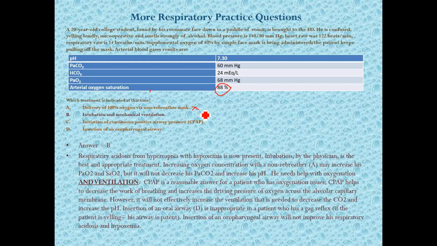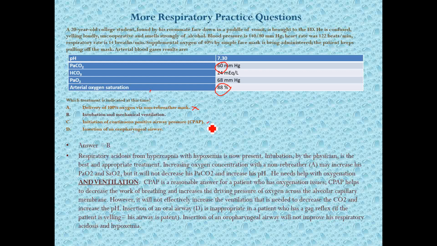The other thing is, yes, if you give O2 to this patient, and certainly you would as you're preparing to or have the physician preparing to intubate, you are not going to really do anything about the CO2, because delivering O2 all by itself is not going to help the CO2 retention. So that problem has to be addressed, and O2 is not going to address it.